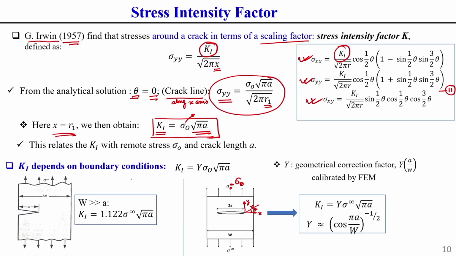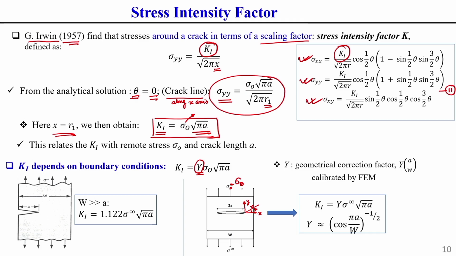That is also what I am showing here. Instead of representing K1 as sigma 0 square root of pi a, as it depends on boundary condition, a modifying geometrical correction factor comes in, which is why one factor Y appears. This Y is called the geometrical correction factor. This factor Y depends on boundary condition as well as crack type.